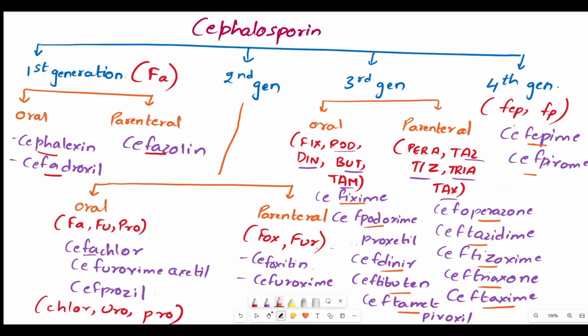Now tell me, is it really difficult or was it just confusing before? You didn't learn 20 drug names today. You have just learned FA, FU, FOX, FUR, FIX, POD, and that's enough to unlock everything. If you remember these codes, you can reconstruct the entire classification anytime, anywhere. So don't try to be perfect, just be consistent. One code a day is more than enough.